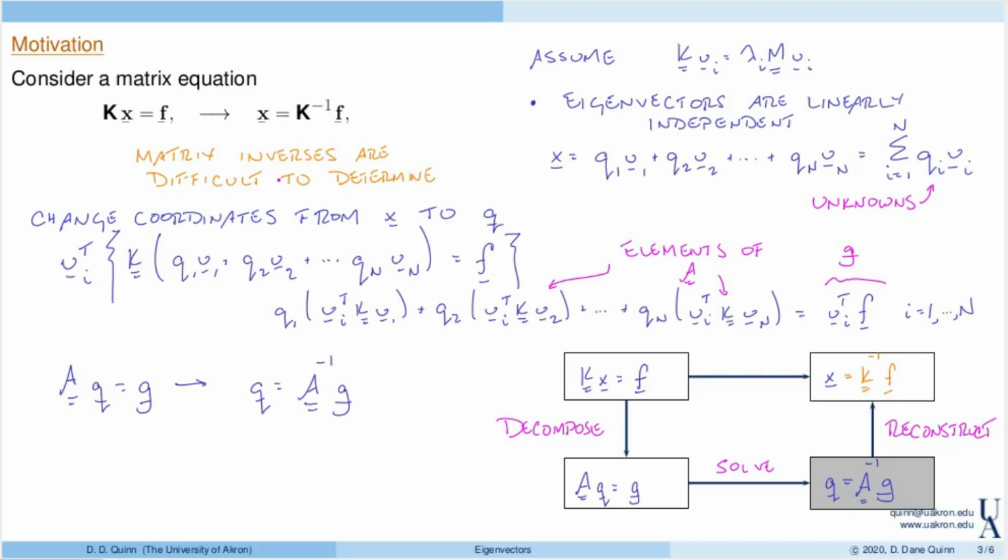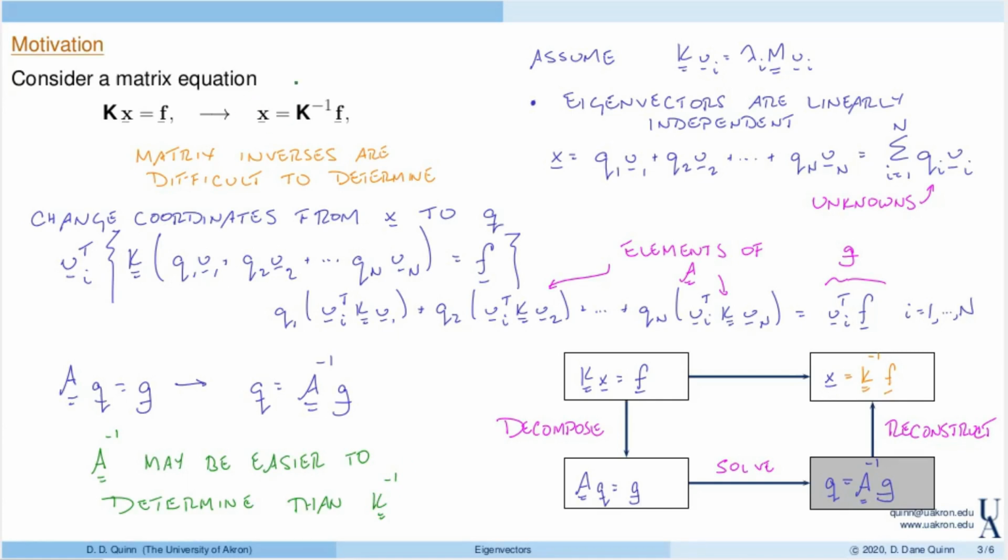So again, why would we do this? Well, the reason is that in terms of the elements of A, inverse may be easier to solve, or easier to determine, compared to K inverse.